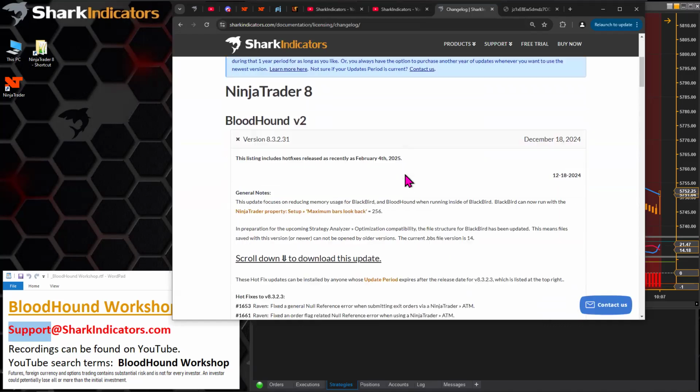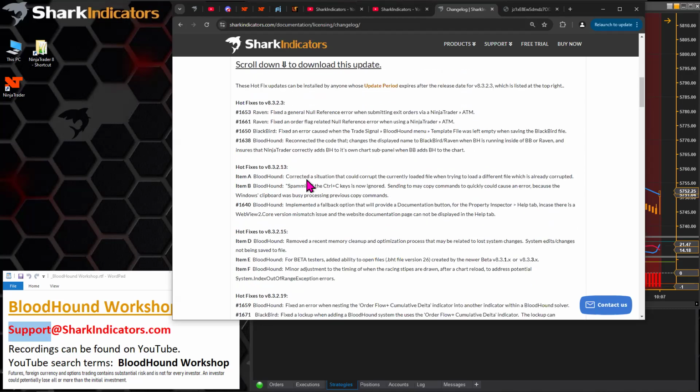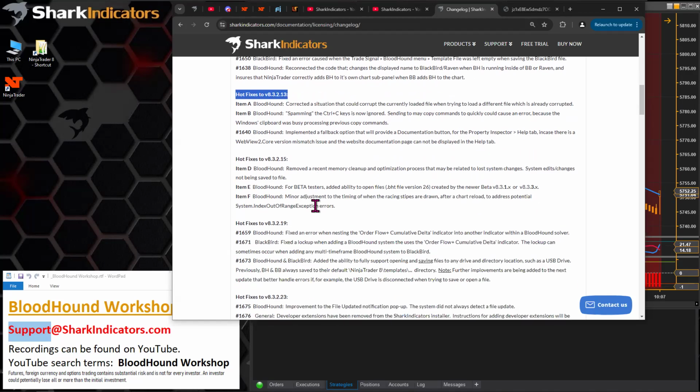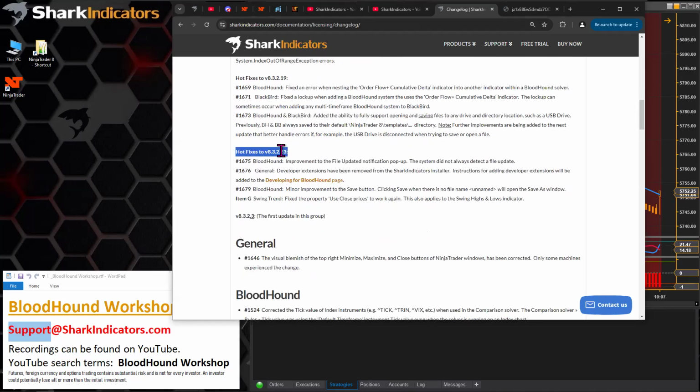The optimizer version had to take a back seat while Jeremy wanted to implement a bunch of hot fixes to the current release version. I think we're just about done. We have one more hot fix update coming out. It's probably going to be 38 or 39, maybe 40. I don't really know until it's actually done, but somewhere there.